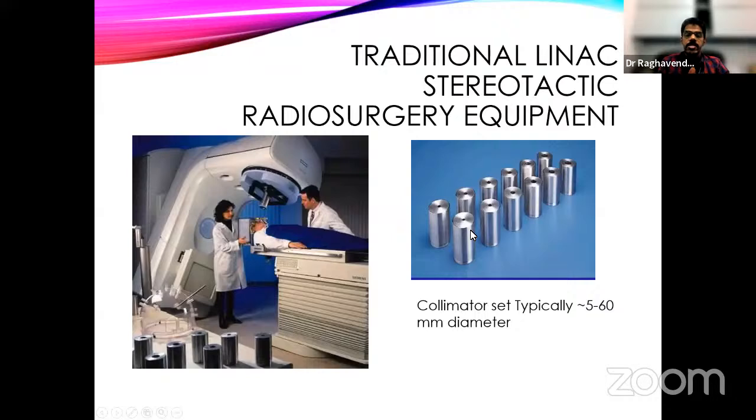It's all laser cut or robo-brazed cones. Once you fix it onto the LINAC head or collimator, if your fixation is perfect, the size it projects on the isocenter is always the quoted one, the measured one or the fixed one. So that is the advantage of the cones, which is always advisable. But one disadvantage I find is, sometimes if you want to use a bigger cone like 15 millimeter or 20 millimeter diameter, this is always a circle, a sphere.